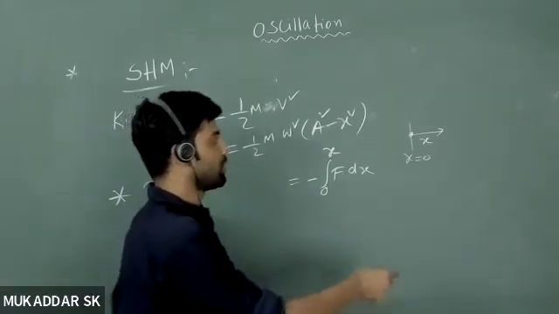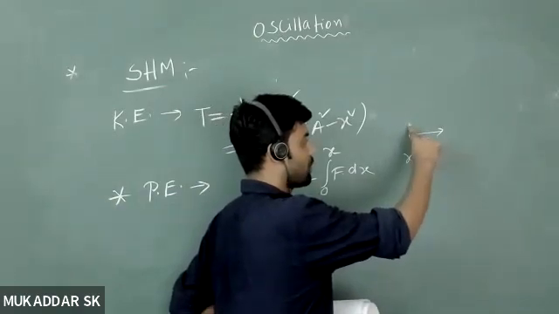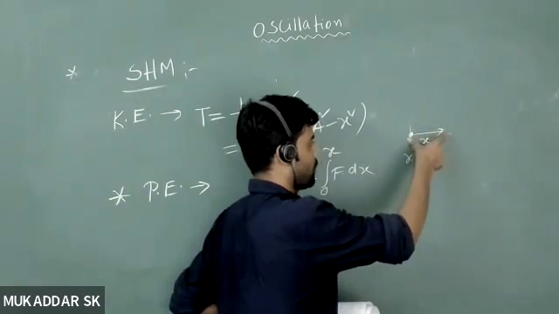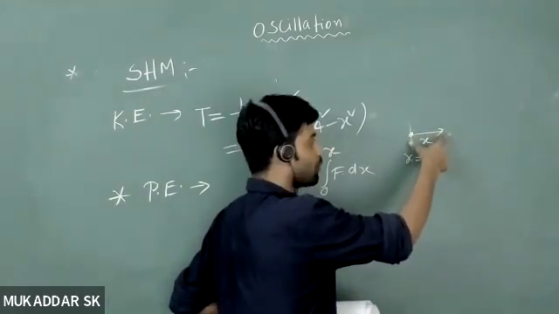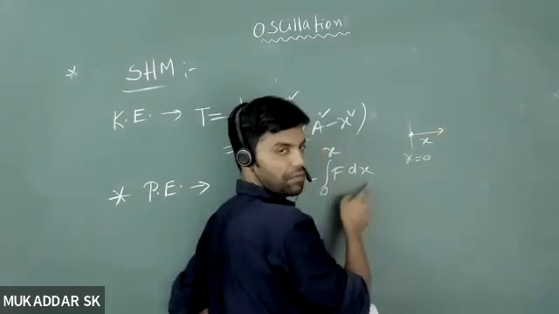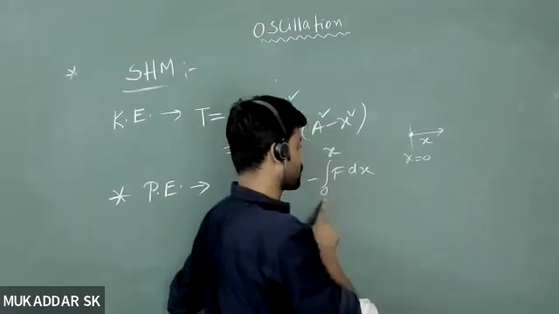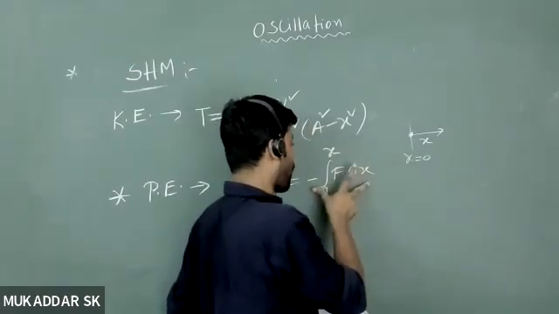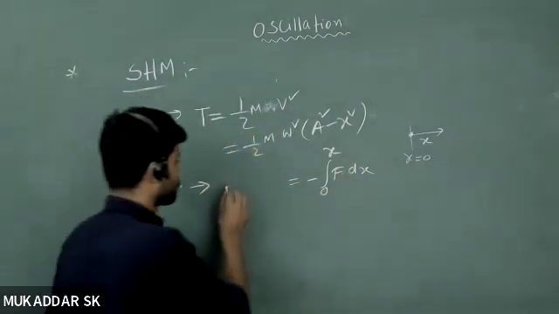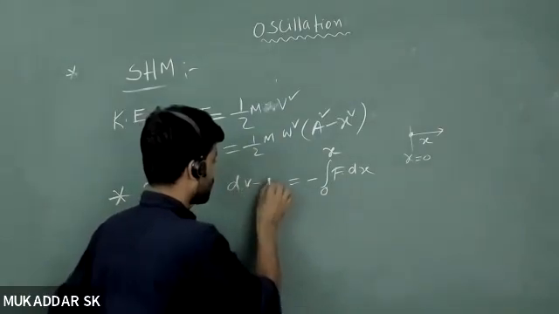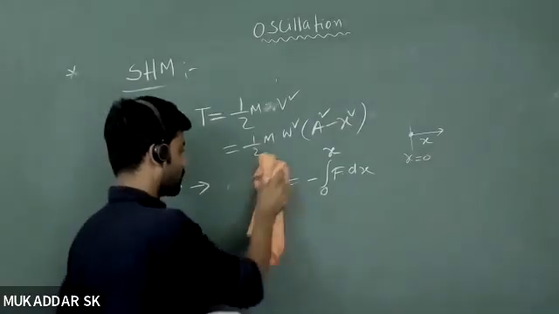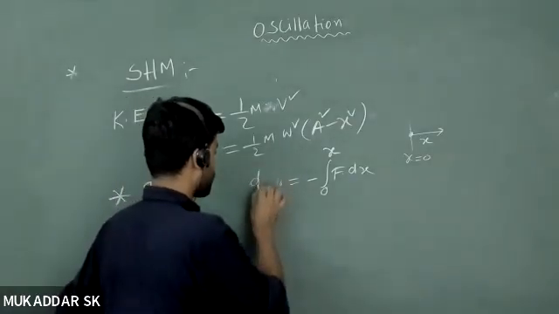Did you get what I am saying? So initially you have a simple harmonic oscillator, it is at equilibrium position. Now you displace this oscillator by an amount x. So to displace this oscillator by amount x, you have to do some work. So that work done is f dx with limits x equals 0 to x. So this is your work done, and work done is nothing but change in potential energy, right? So dV, change in potential energy, let us take that notation dV.